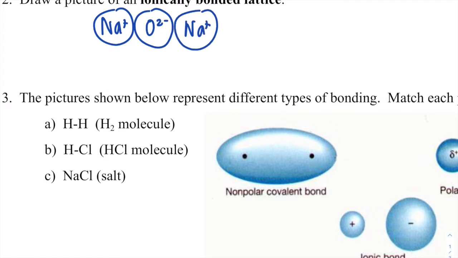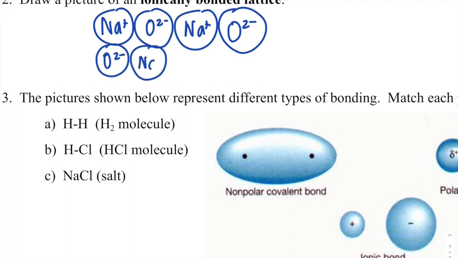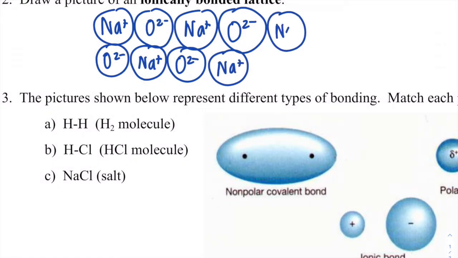Then I'll put another oxygen on here. I'll put another oxygen on here. Sodium here. I have another sodium here. Oxygen. Sodium. And another O2 minus. And so on and so forth. And there is our lattice.